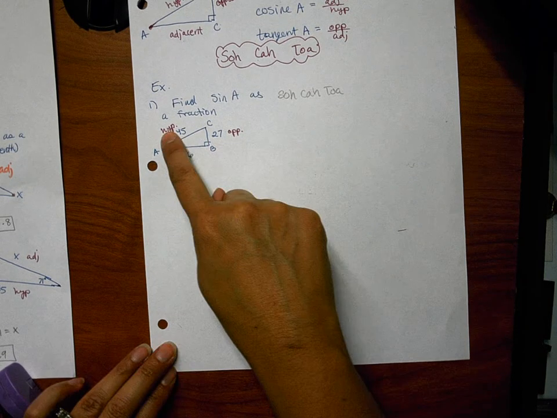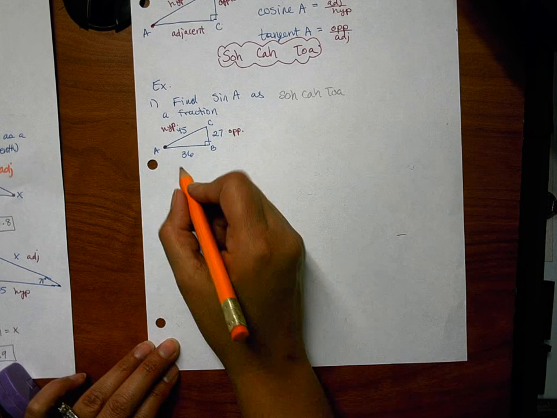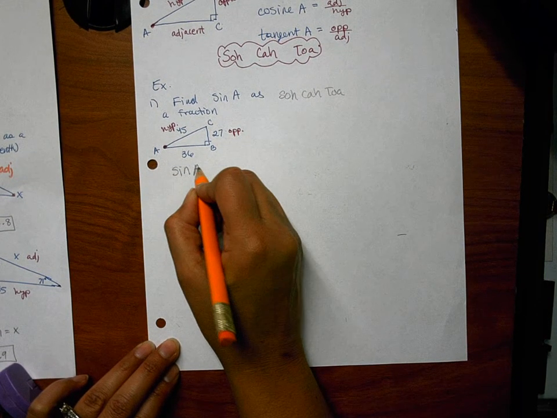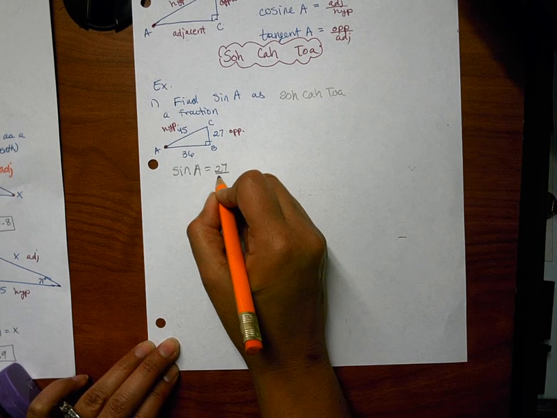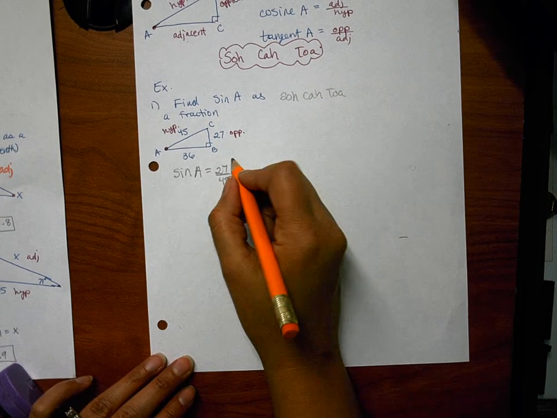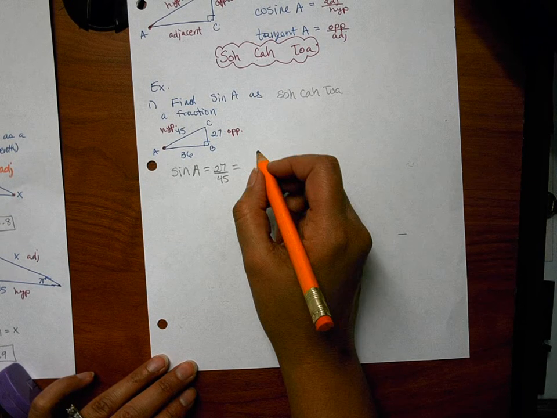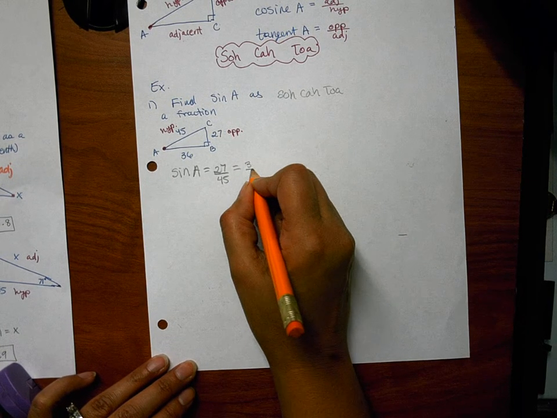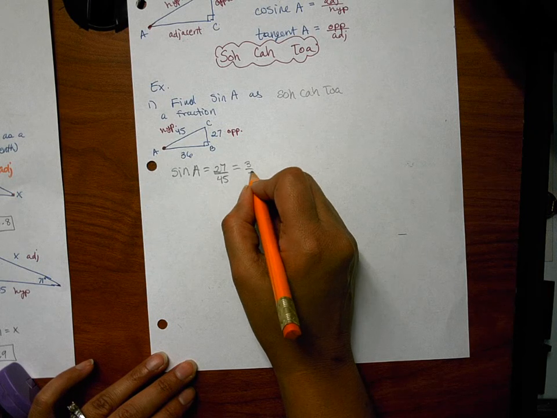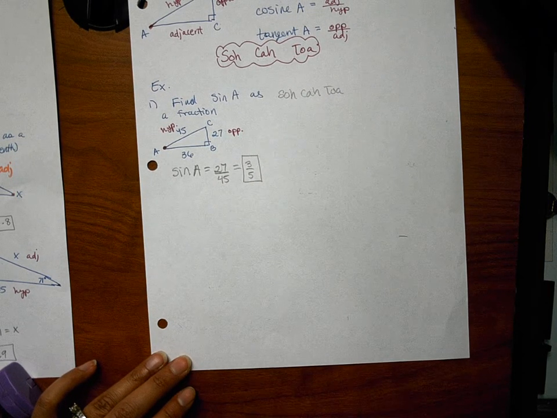There's my opposite, there's my hypotenuse. So sine of A equals 27 over 45. And reduce, you can divide top and bottom by 9. 27 divided by 9 is 3. 45 divided by 9 is 5, so 3/5 is your final answer.